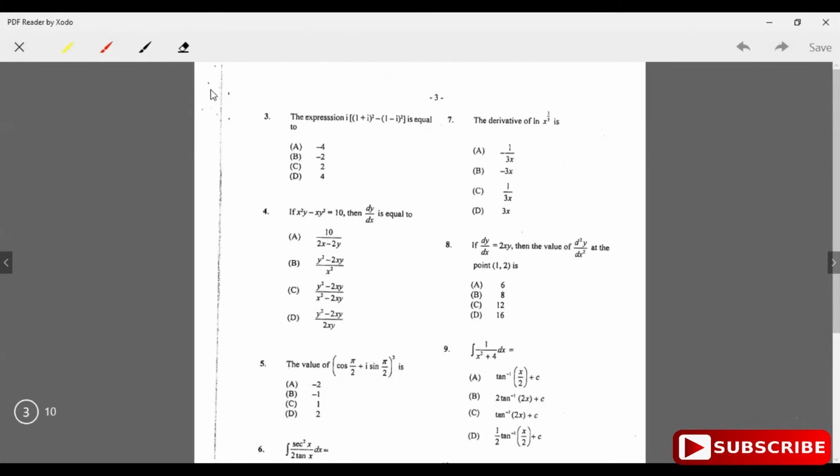Question 3. What's question 3? Question 3 is A. So just to work it out again, it would be i times (1 plus i) all squared, which works out to be i times (1 plus 2i minus i squared)... well, plus i squared, minus (1 squared is 1, minus 2i plus i squared).